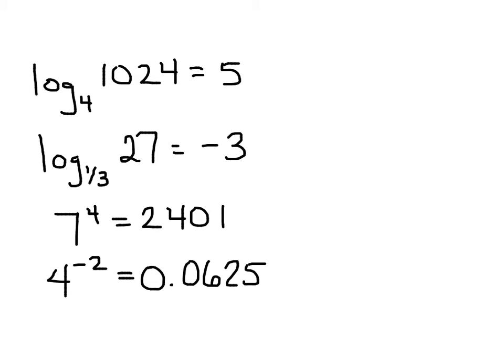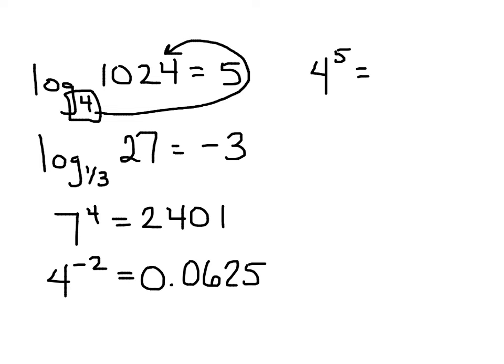Now, here's how we do this, and I don't know if you guys forgot about how to do this or not, but here's how it goes. On the top one, what's the base number? 4. And remember how we went through this one and you guys kind of liked it, where I looped around, picked up the exponent, which was how big? Equals. So 4 to the 5th equals how much?